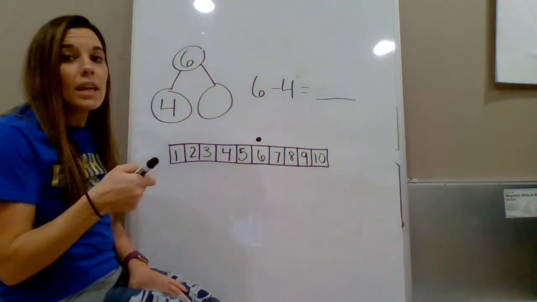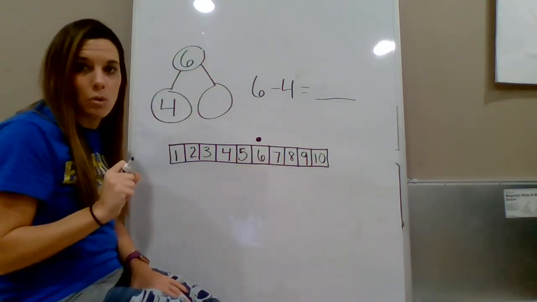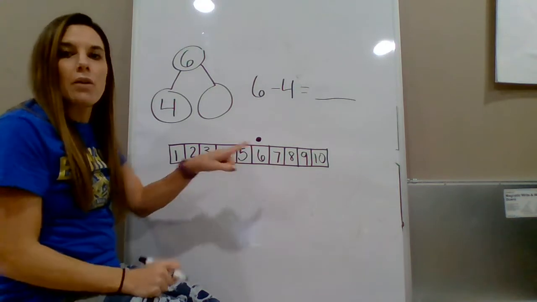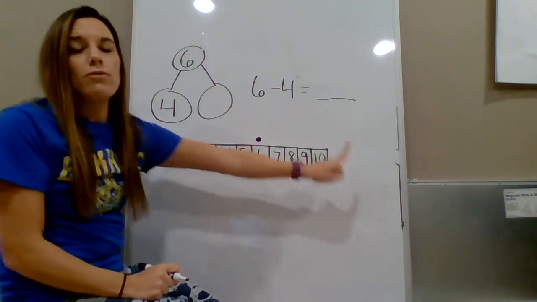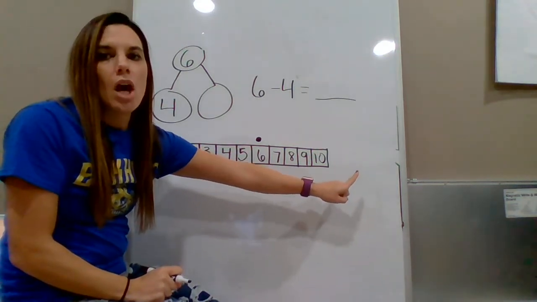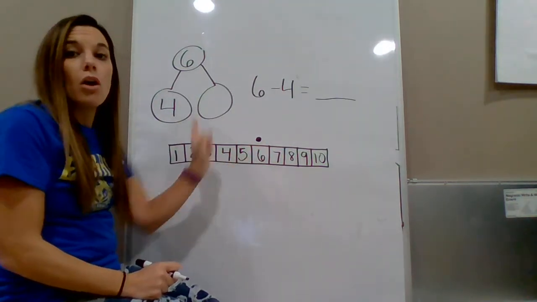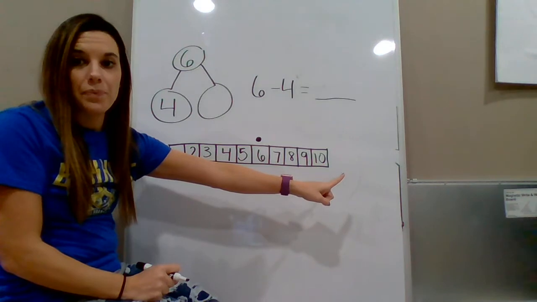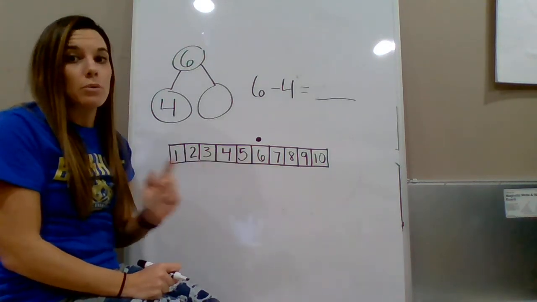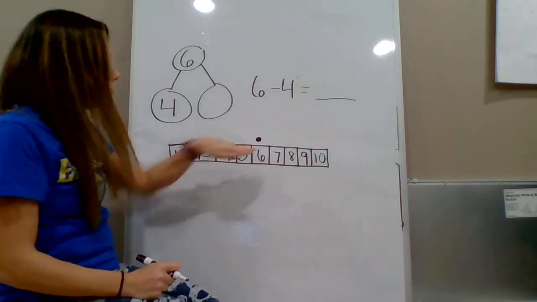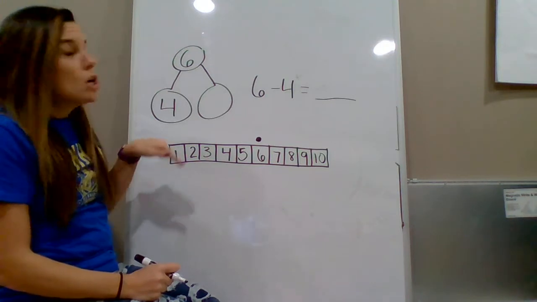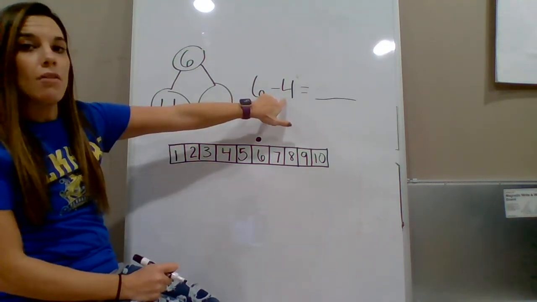Now, if we're subtracting, we're taking away. Does that mean we're counting backwards or forwards? Think in your head. Hopefully you said backwards. When we subtract and we take something away, we're going backwards. So we're going to go backwards by 4.